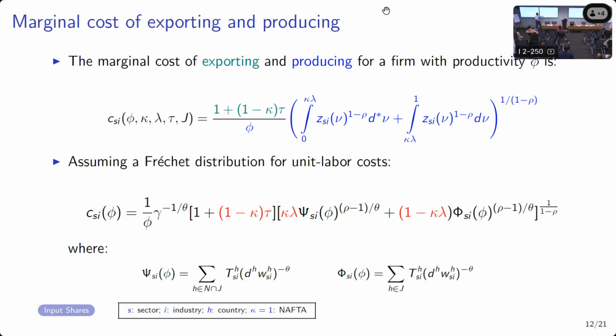Now, what if this psi in here and this phi in here are equal to each other? In that case, rules of origin wouldn't have an effect over marginal cost. That would only be the case if, for example, imagine that set N intersected with J is the same as J, right? So that is a firm that is small enough that it cannot source intermediates from China, for example.